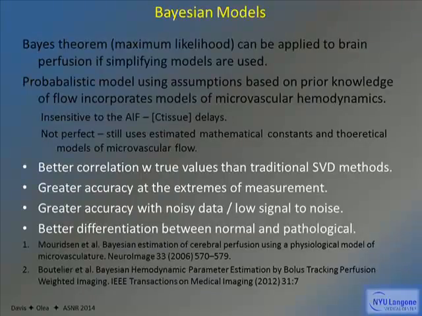It gives us a better correlation with true values than traditional SVD. It has a greater accuracy at the extremes of measurement, which is exactly when we want it: high flow in a tumor, low flow in an infarct. It has greater accuracy with the bane of our existence as neuroradiologists, noise and low signal-to-noise ratio. And it better differentiates normal and pathological.